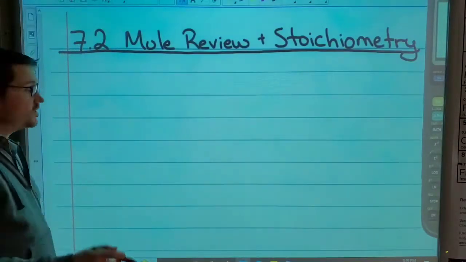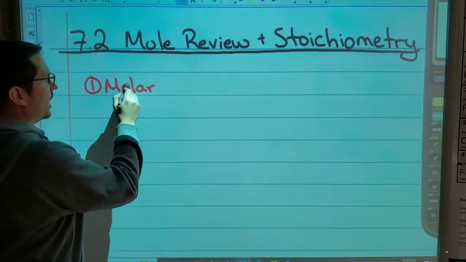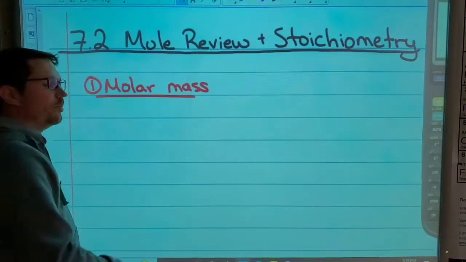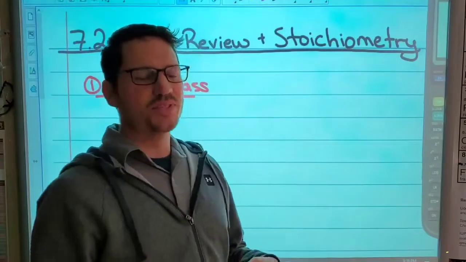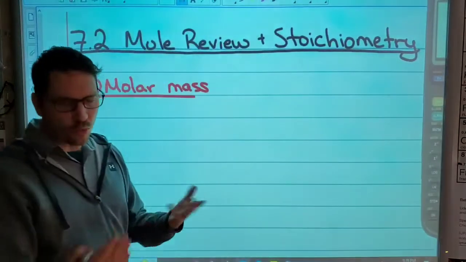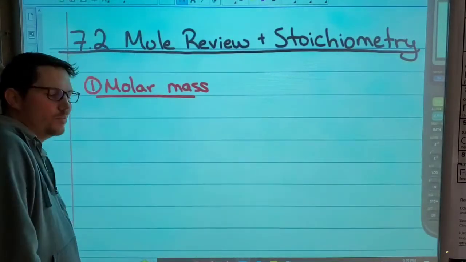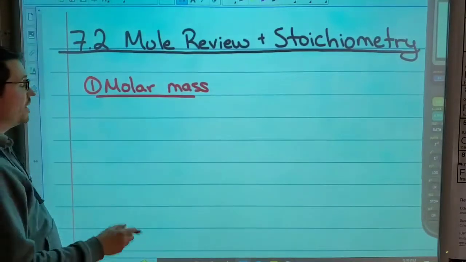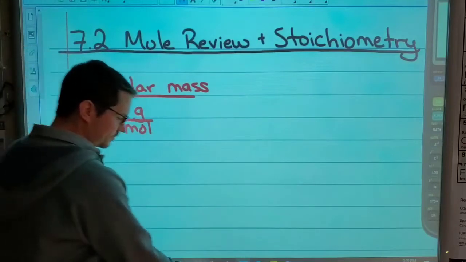Okay, so the first thing I want to review is molar mass. Remember, molar mass you get from adding up all the different numbers and types of atoms in the formula for the substance. You should be fairly familiar with that, even though you might not have done it in a long time. So the molar mass is measured in grams per mole.